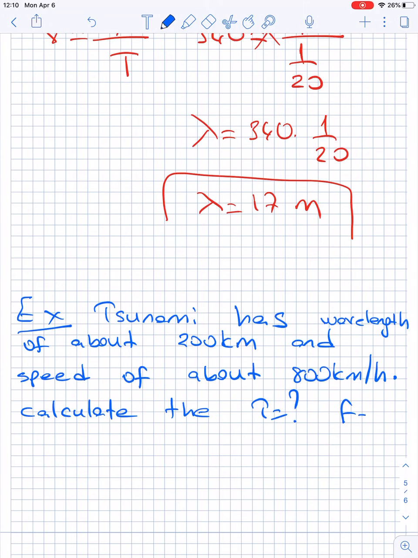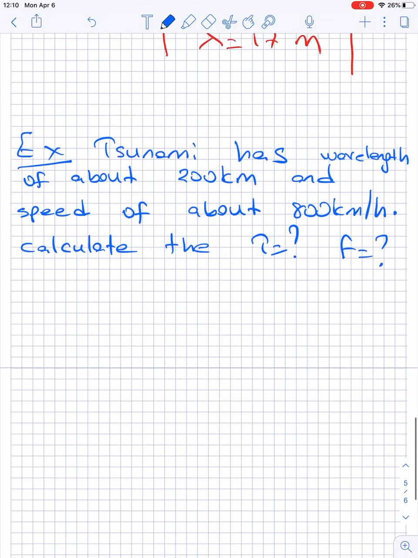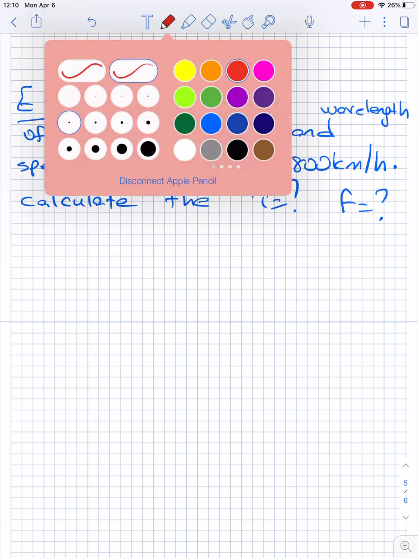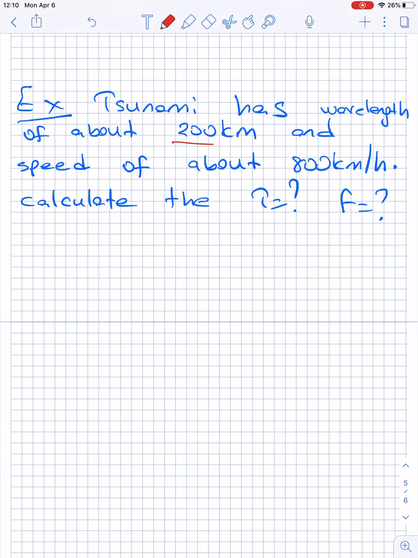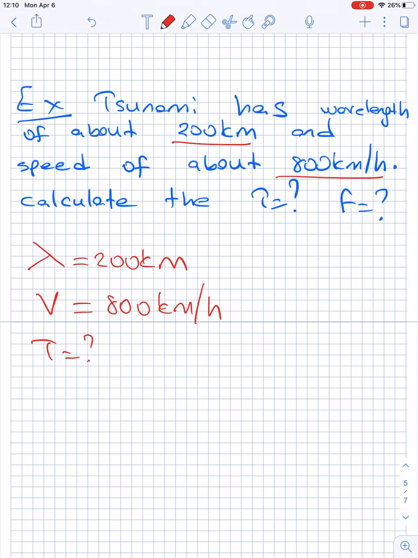Calculate the period and frequency. Okay, now which information do we know? Wavelength and speed we know. Wavelength symbol is lambda, 200 kilometers, and speed symbol is v, 800 kilometers per hour.